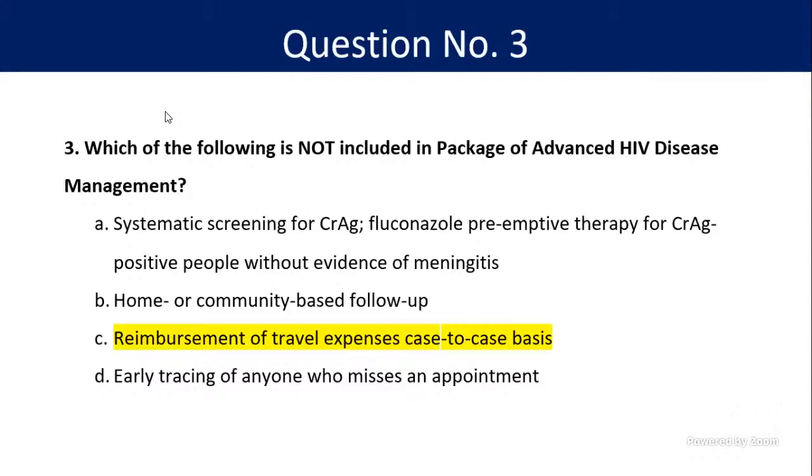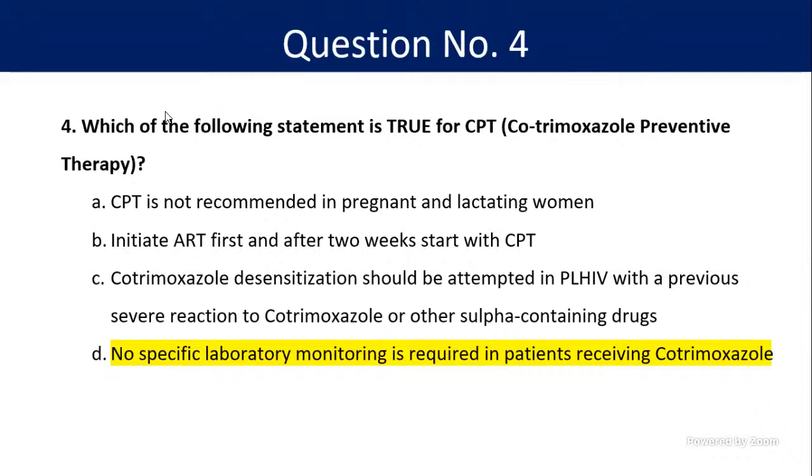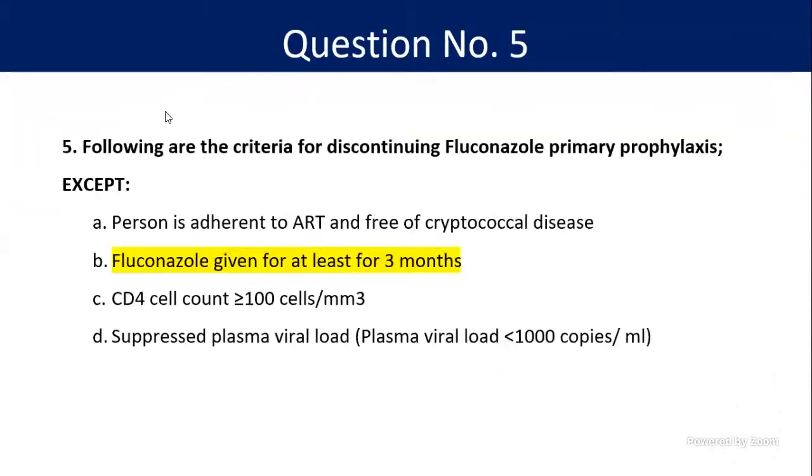That's reimbursement of travel expenses on a case-to-case basis. Which of the following statements is true for CPT? No specific laboratory monitoring is required in patients receiving cotrimoxazole. Following are the criteria for discontinuing fluconazole primary prophylaxis, except fluconazole given for at least 3 months.